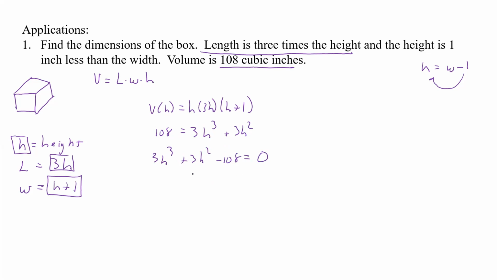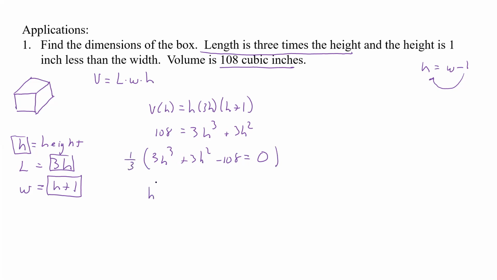Now, what can we do here? Well, let's see. We need a factor. So what we're going to do is come back and do some synthetic division, I think. But I'm going to see, this is 3, this is 3, 108 is divisible by 3 as well. So it looks like all of these are divisible by 3. So I'm going to multiply that whole thing by 1/3.